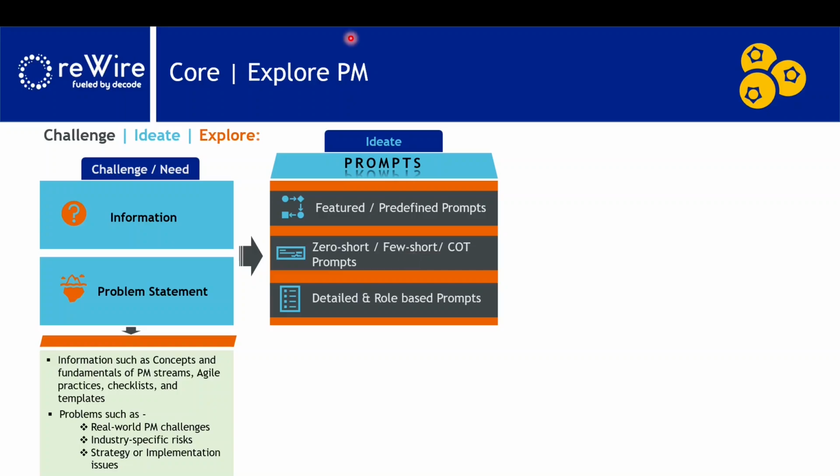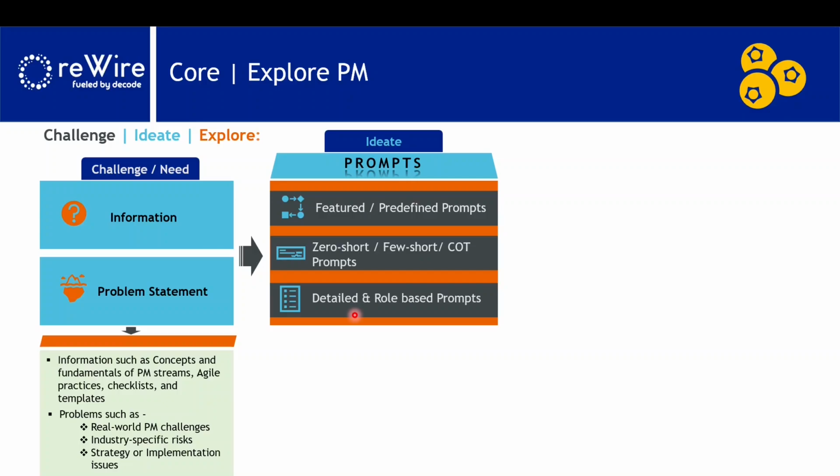Another one is the detailed and role based prompts. You have to give the entire story and the clear context. Suppose you say, hey, I have created this sprint planning, and you act as a scrum master and provide additional information based on this sprint planning, so that it will give the information based on your prompt.